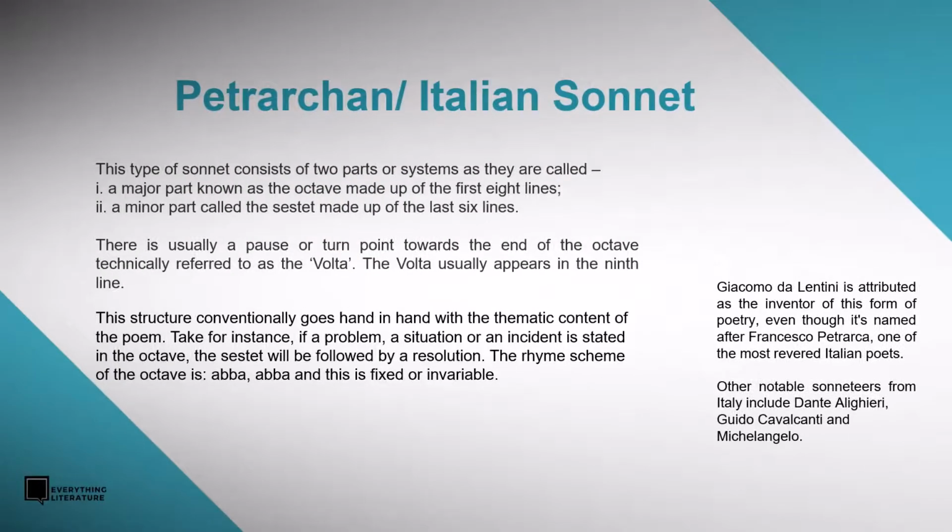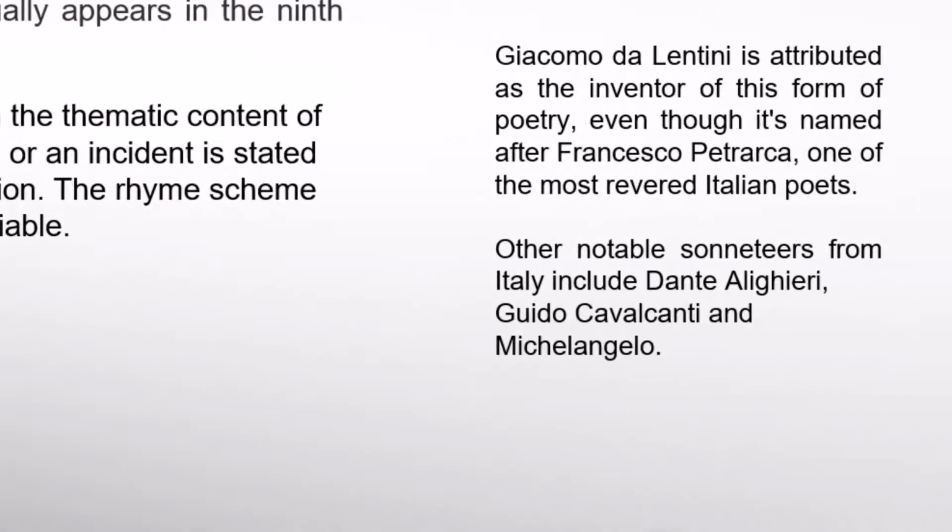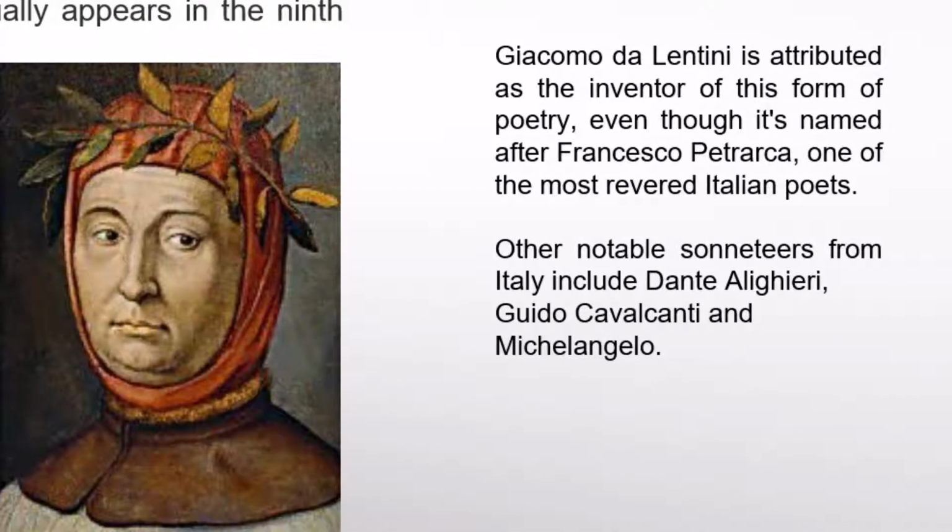Now, there is someone called Giacomo da Latini, who is usually ascribed to be the inventor of this form of poetry. But just as with Shakespeare, there is a more revered Italian poet whose name happens to be Francesco Petrarca.